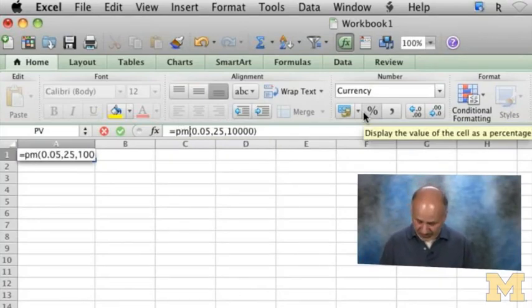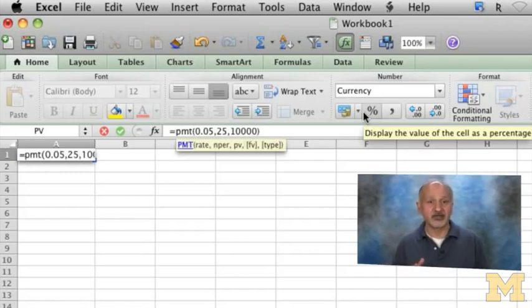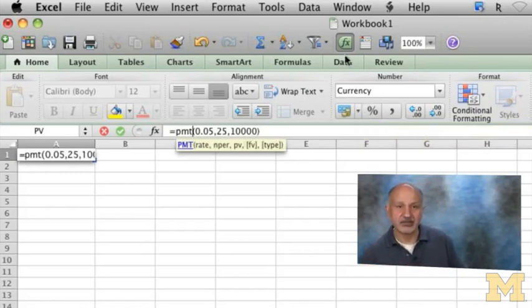PMT, right? This is a number I should know, and the bank should tell me. So the interest rate is how much? Interest rate is 10%. And how many years? Not 25, 5.